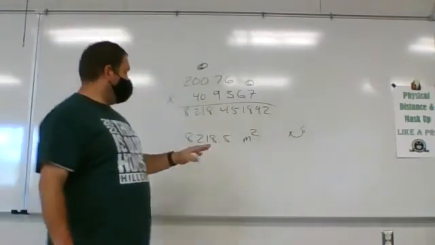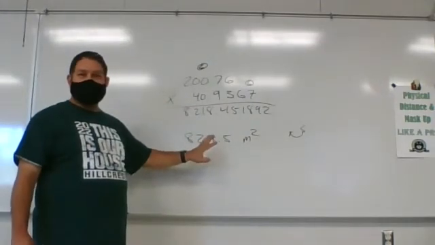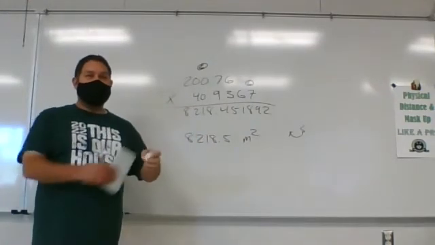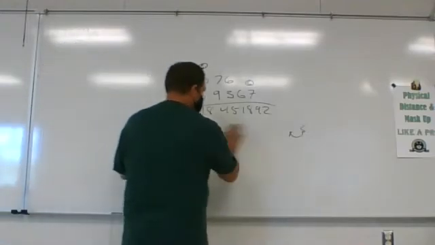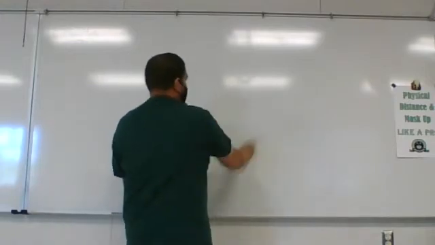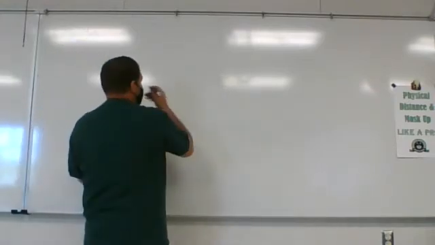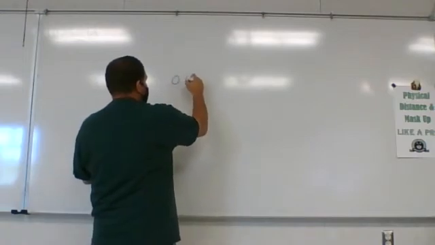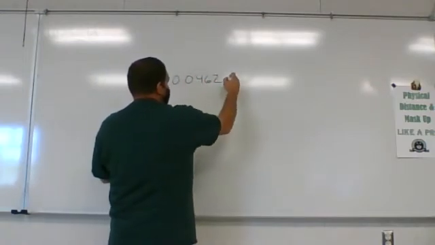All right. As far as this is concerned, how are we doing? Okay, I'm going to give you one more problem, and then we're going to move on with today. Okay, let's do a division problem. So let's say we have something like 0.0462 grams.